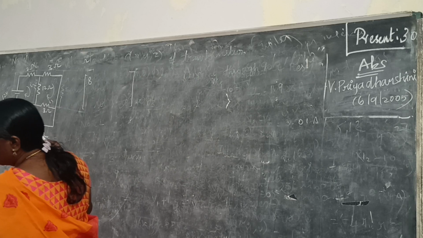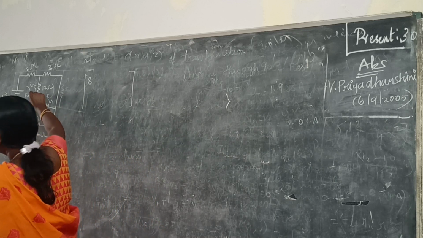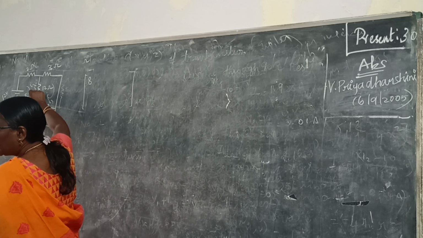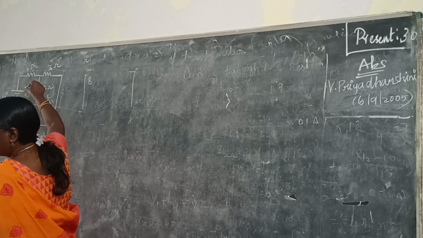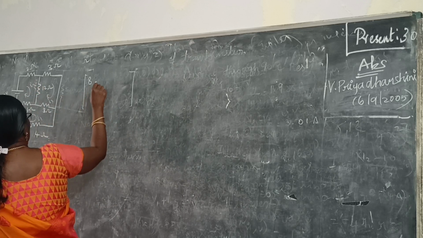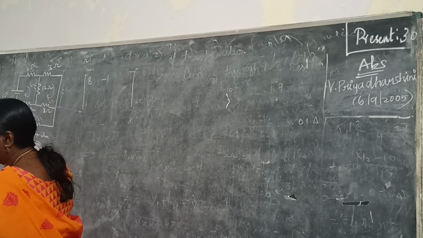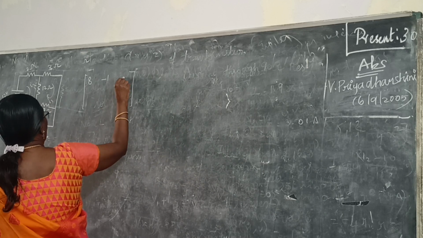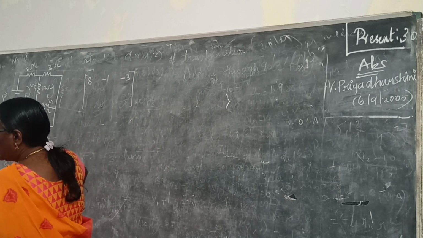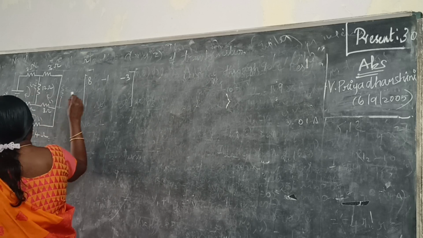Then what is the next one? 1, 2. Here which one is loop 2? This is loop 2. Is there any element present between loop 1 and 2? Yes, 1. You should be writing -1. Is there any element present between loop 1 and 3? Yes, 3. -3. Similarly, consider loop 2. What are all the elements? This is 2, 1, isn't it?